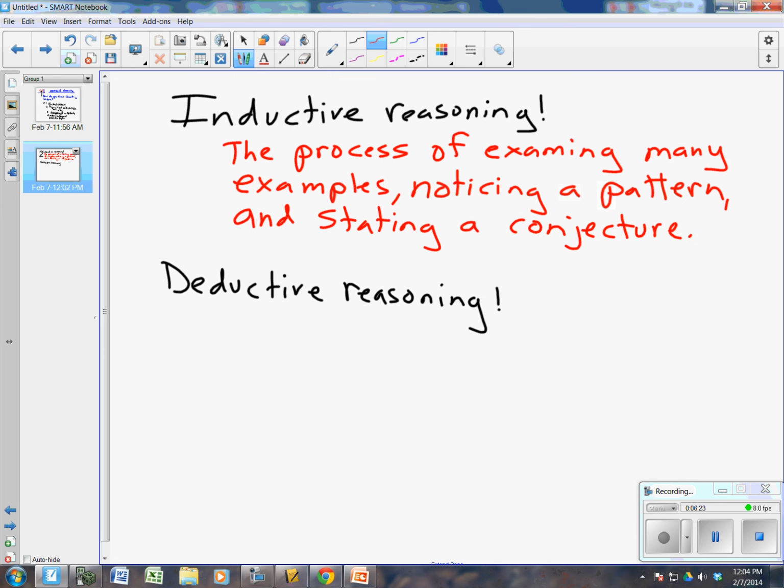That's what it is. Did you guys know that you do this every single day of your life? You do inductive reasoning every day of your life.